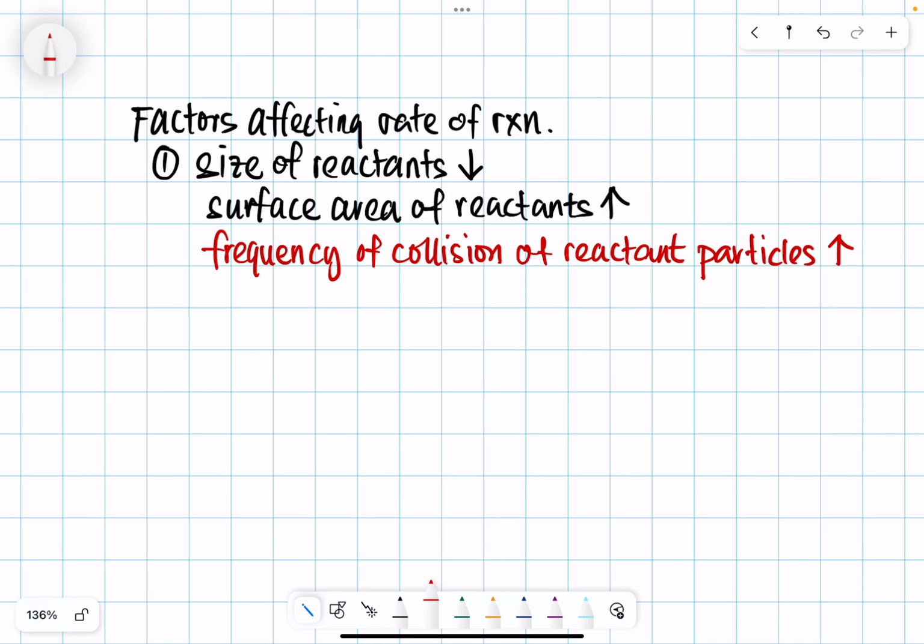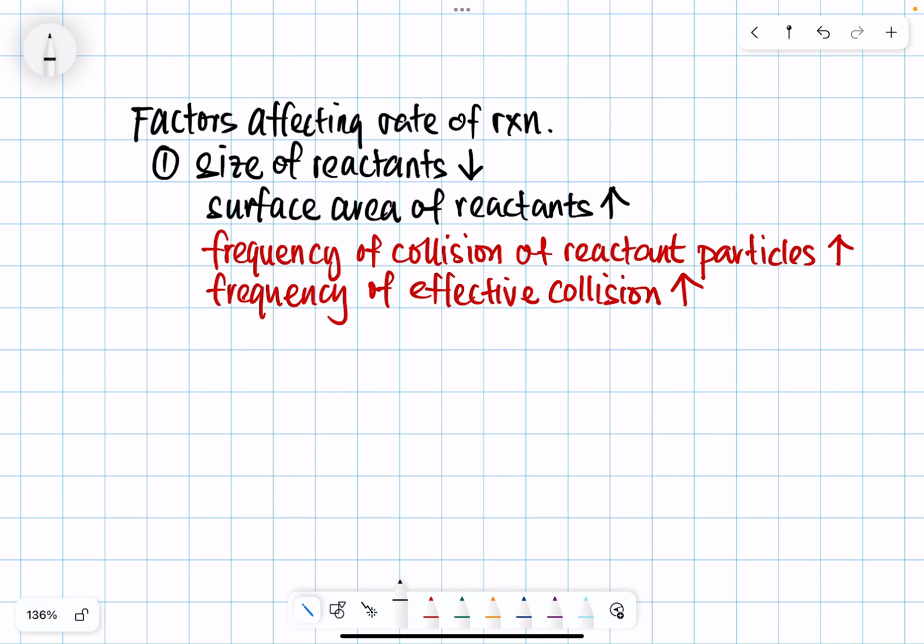When the frequency of collision of the reactant particles increases, this leads to an increase in the frequency of effective collision of these reactant particles as well. And that gets us to the conclusion that we got from the beginning: the rate of reaction will start to increase.